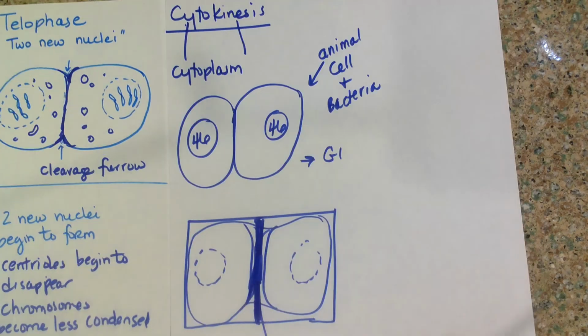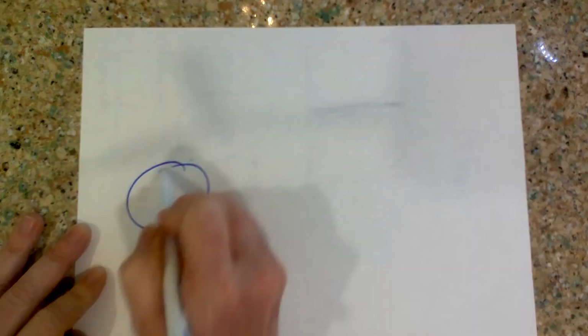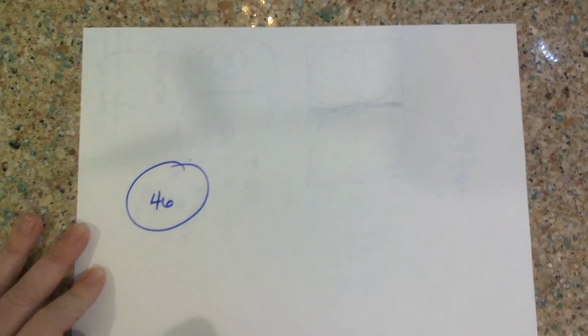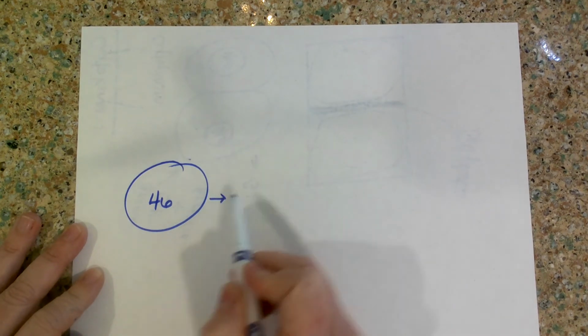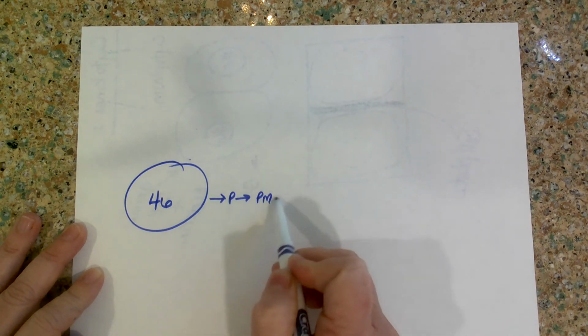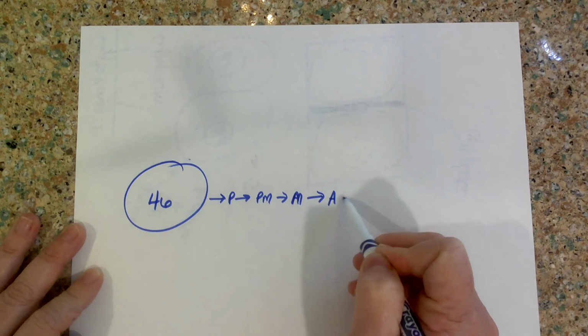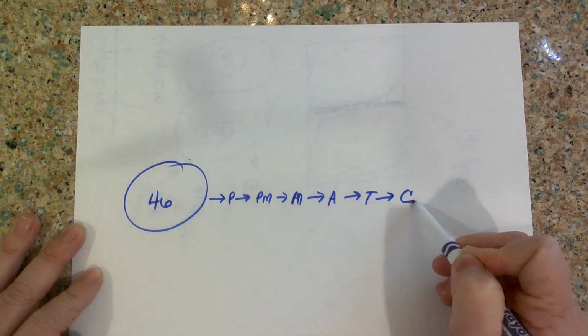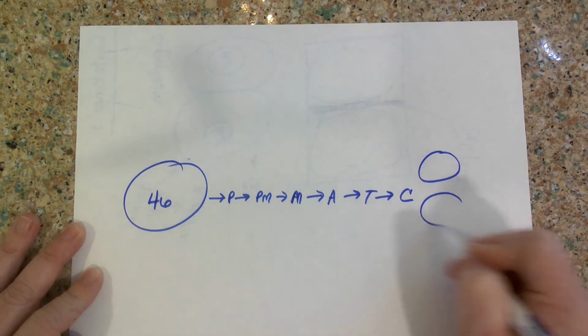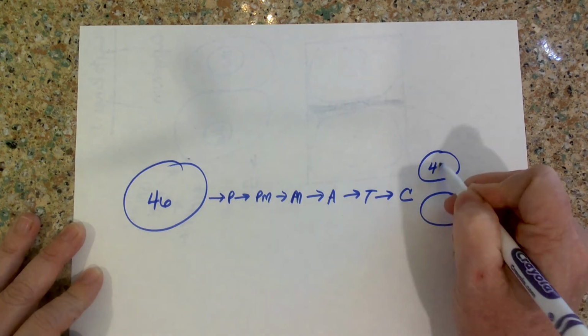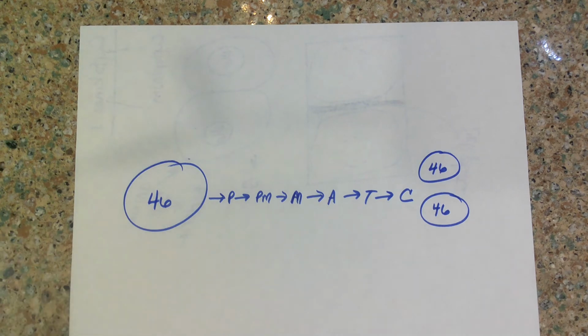All right, so to summarize, we started with one cell with 46 chromosomes, and it went through prophase, prometaphase, metaphase, anaphase, telophase, cytokinesis. And at cytokinesis, we get two separate daughter cells with 46 chromosomes each.